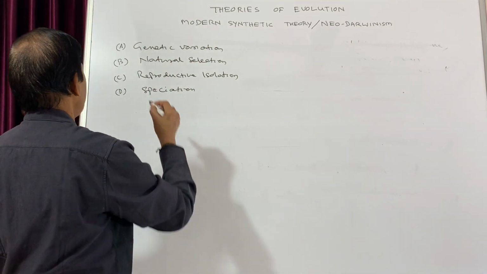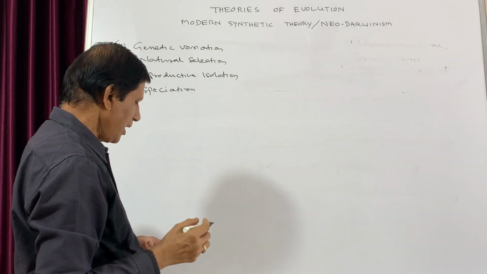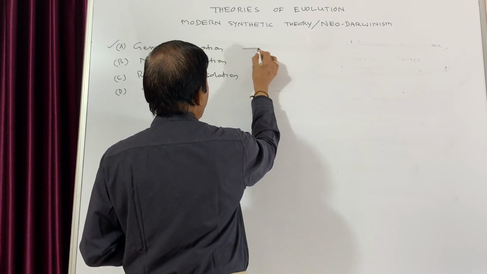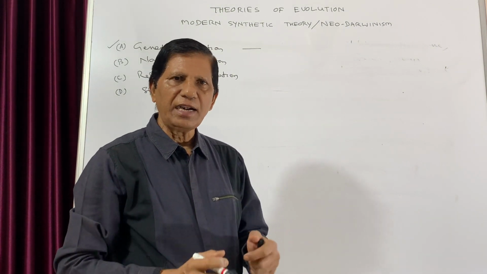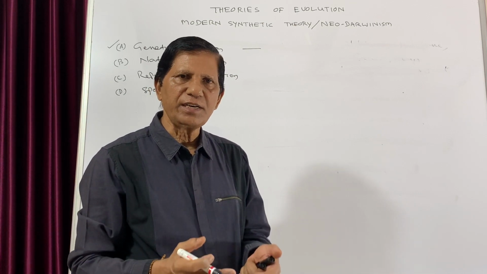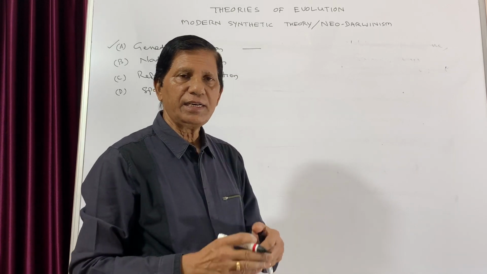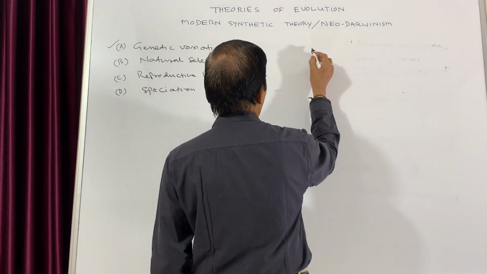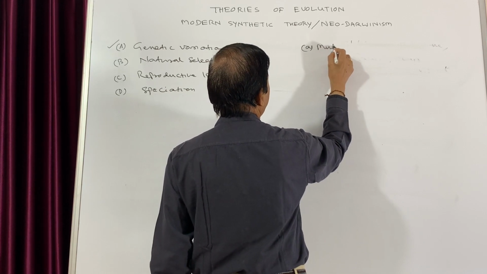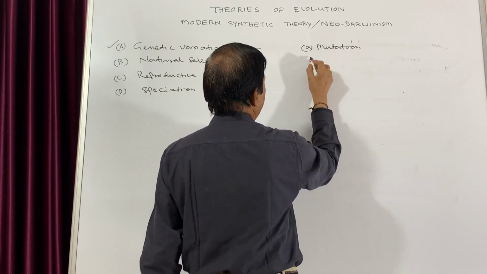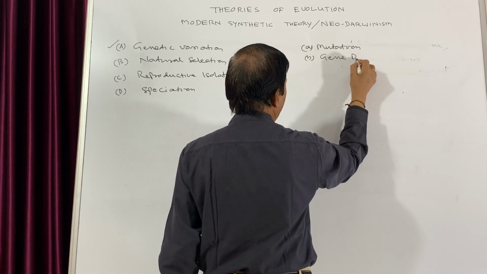So we will discuss the modern synthetic theory in these headings. Now first let us discuss genetic variation. Genetic variation means how variations take place in different organisms, and that is also discussed in different points, because variation takes place in different ways. Number one is mutation. The second one is gene recombination.